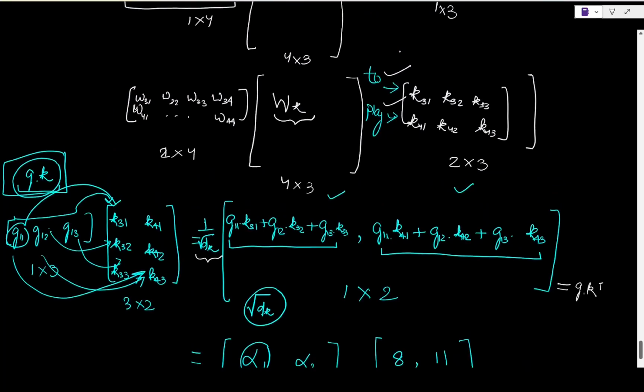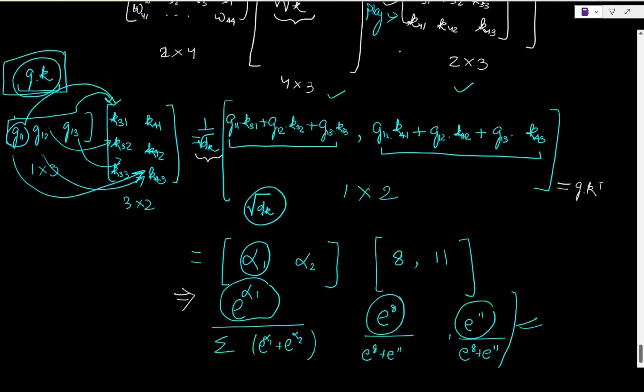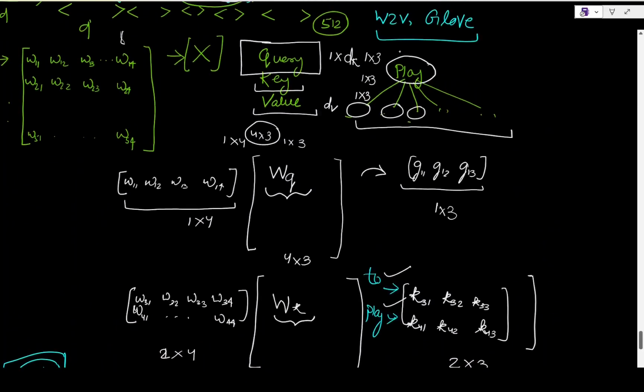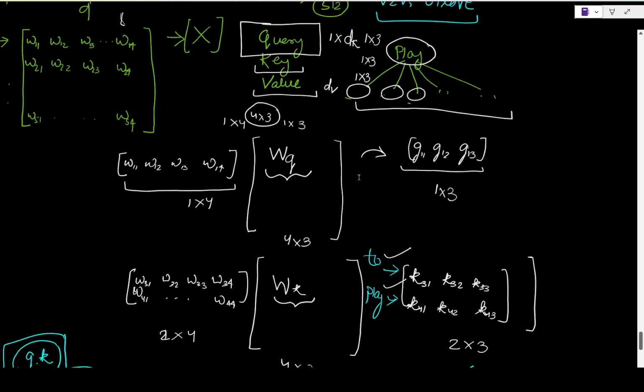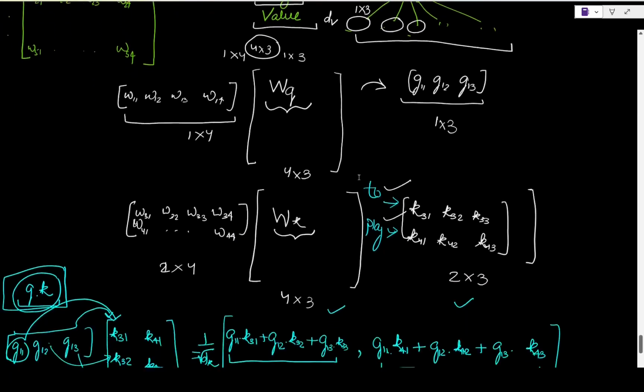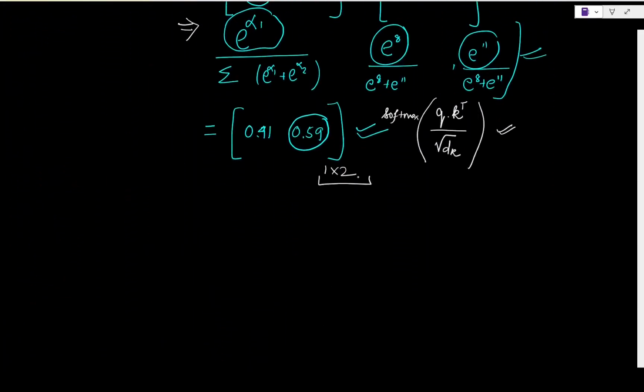In that case, it would have been 5 by 4. If I consider all the 5 words as keys, it is because we have to compare the query word with all the words. All the words will act as keys. That is the purpose of relevance comparison, so to speak. So I could have done the same calculation easily, taking all the words as keys, and I would have obtained a 1 by 5 vector in that case.